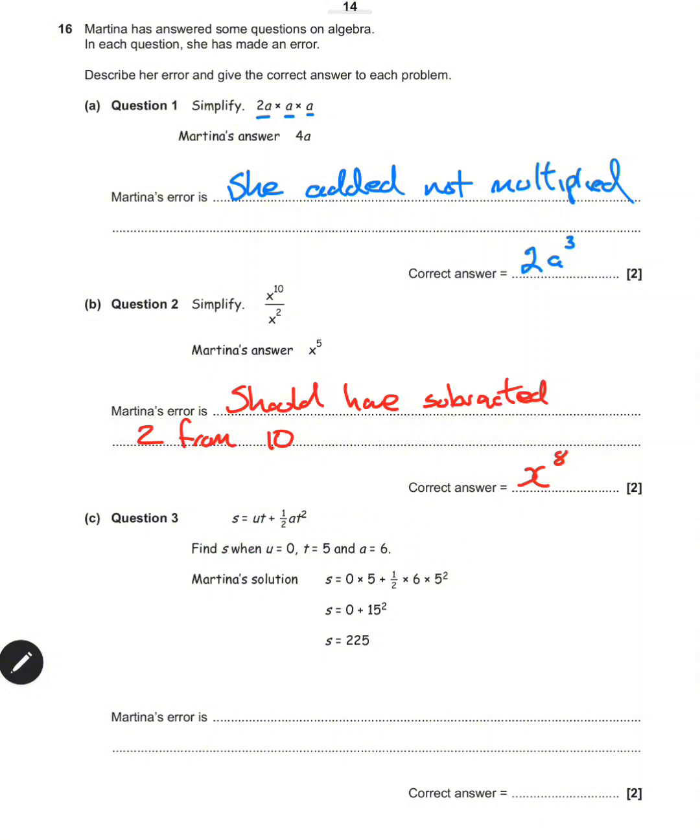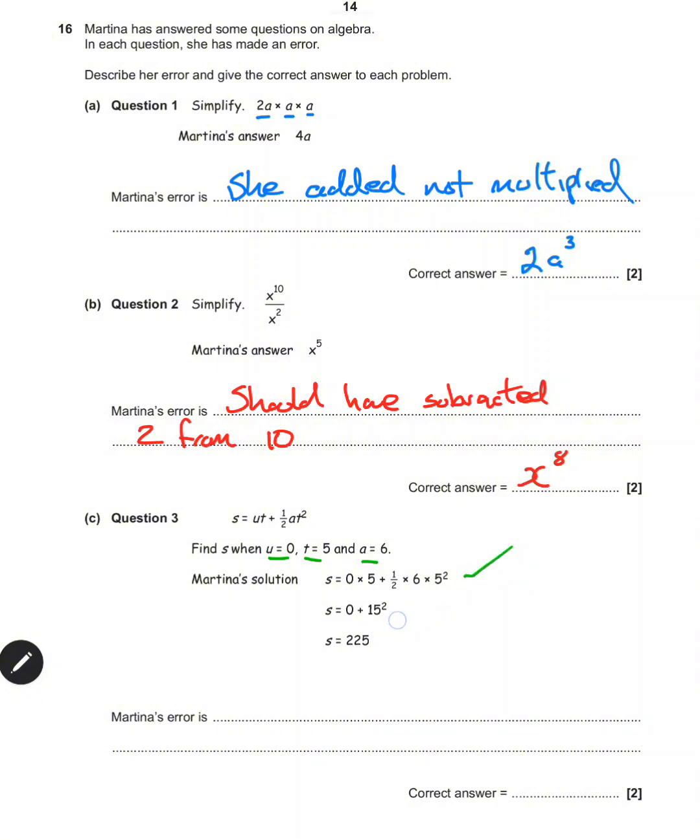And question 3 is a bit more challenging. She's got a formula that she's substituting into. We know what U, T and A are. And we just need to see if she's done that right. Well, U is 0, that's right. T is 5, that's right. Half is a half. A is 6, that's right. And T is 5, that's right. So all that substitution is correct.